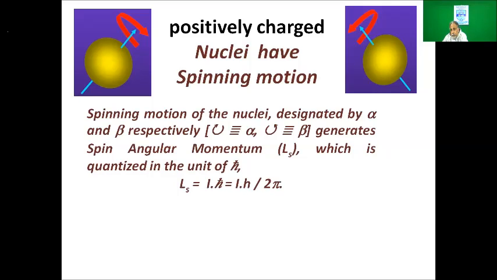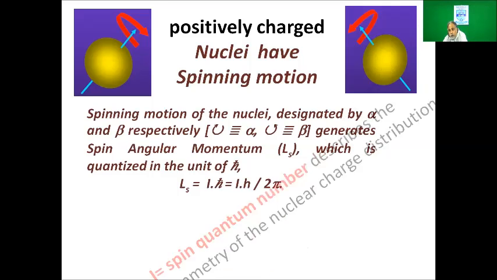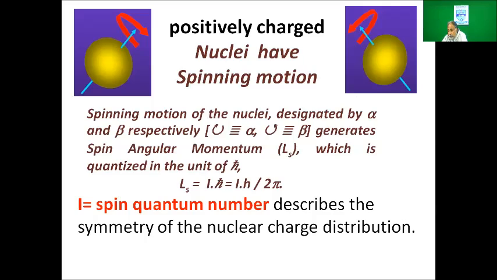The spinning motion of the nucleus is of two types. If you see this, you will find one is clockwise and another one is anti-clockwise.